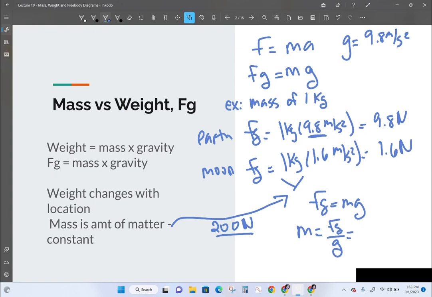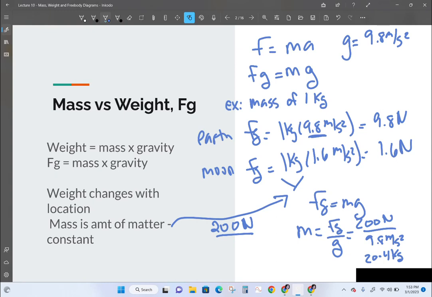So I've told you the box is 200 newtons, divided by 9.8 meters per second squared, and 200 divided by 9.8 is 20.4 kilograms. So it's 20.4 kilograms.